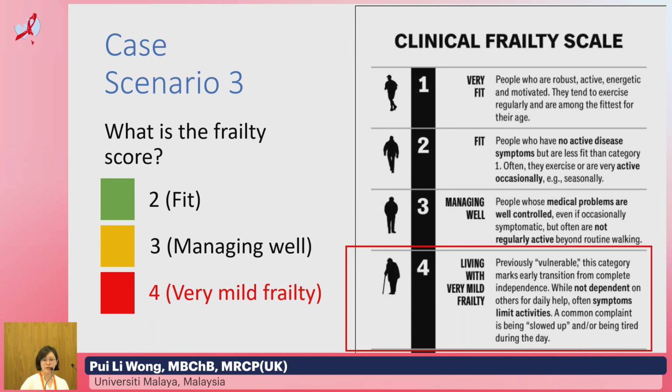And if we read the definition for very mild frailty, it says, while not dependent on others for daily help, often symptoms limit activity. And he did say he's slowing down a little bit and not doing as much as he used to do. So this starts to put him at the very mild frailty, or previously what was known as vulnerable.